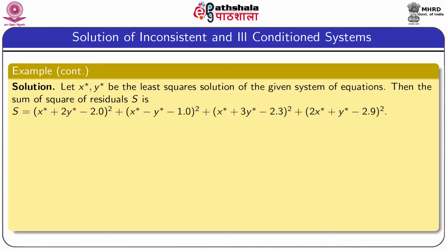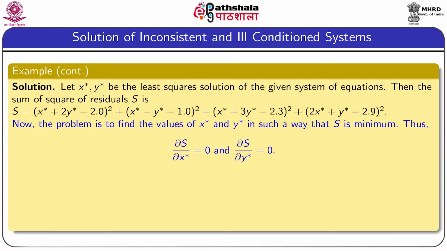Then the sum of square of residuals s is given by this formula, that means the square of x star plus 2y star minus 2, plus x star minus y star minus 1 whole square, plus x star plus 3y star minus 2.3 whole square, plus 2x star plus y star minus 2.9 whole square. Now the problem is to find the values of x star and y star such that s is minimum. So for this case the normal equations are del s by del x star equal to 0 and del s by del y star equal to 0.